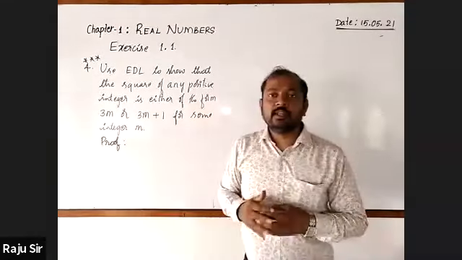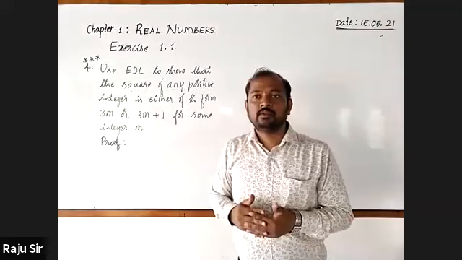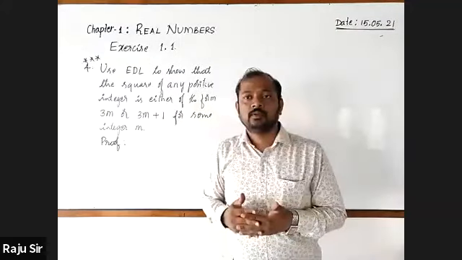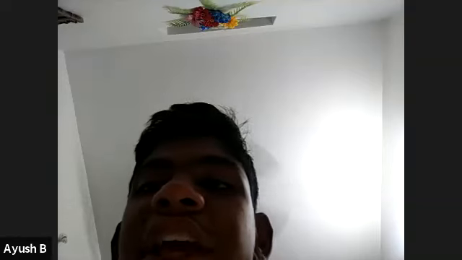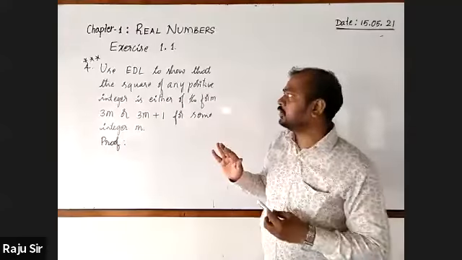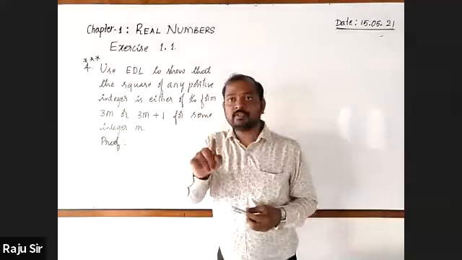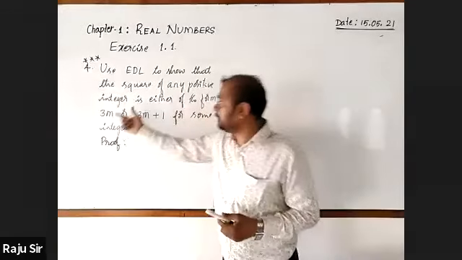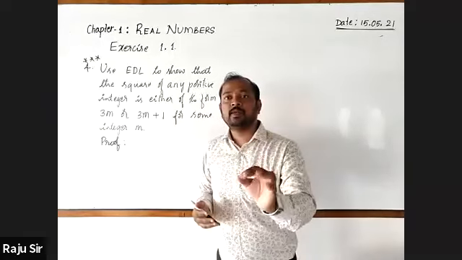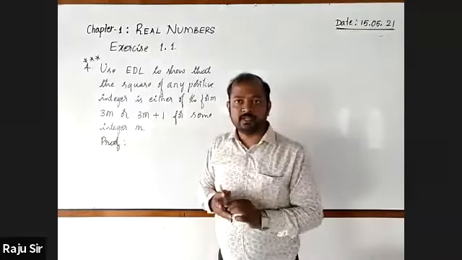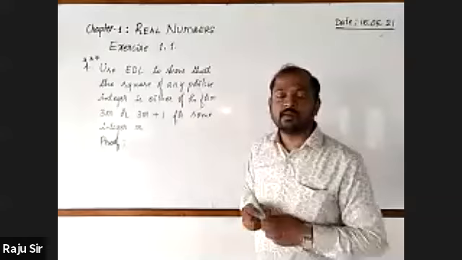Here, have they given any positive integer? The square of a positive integer will be in those two forms, but my question is very simple: have they given the positive integer? No, sir. So let's go for assuming.